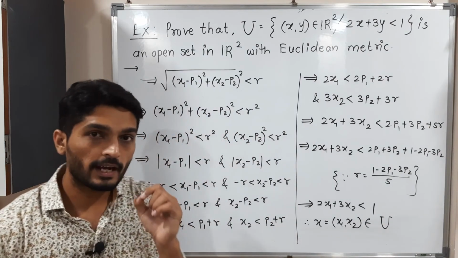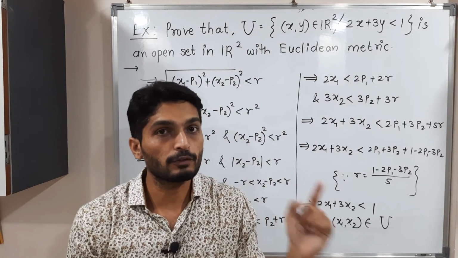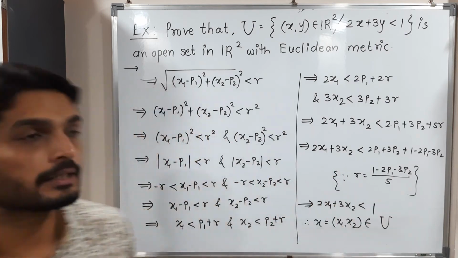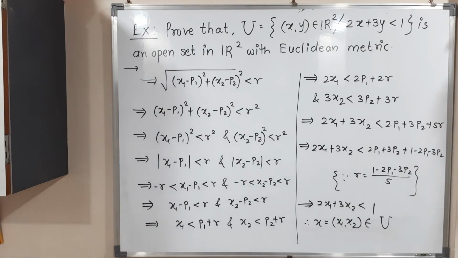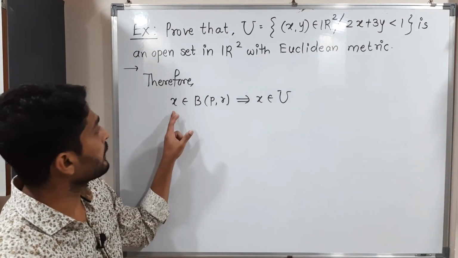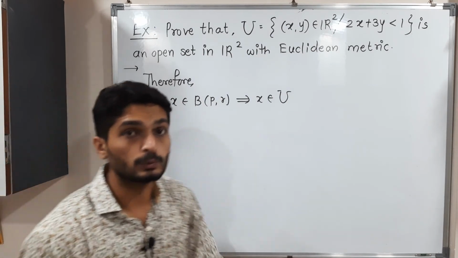So actually we had taken that point from the open ball and we proved that it is a member of U. So that's why the open ball is a subset of U. I'm going to write it. Just before that, make a screenshot of it. Therefore, we had taken x from the ball and we proved that x belongs to U. Get it?